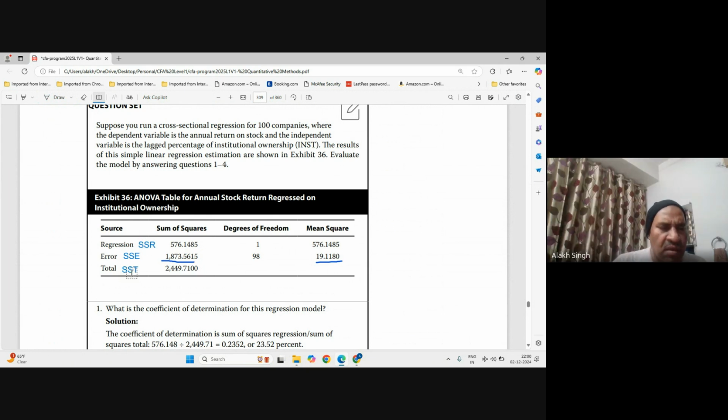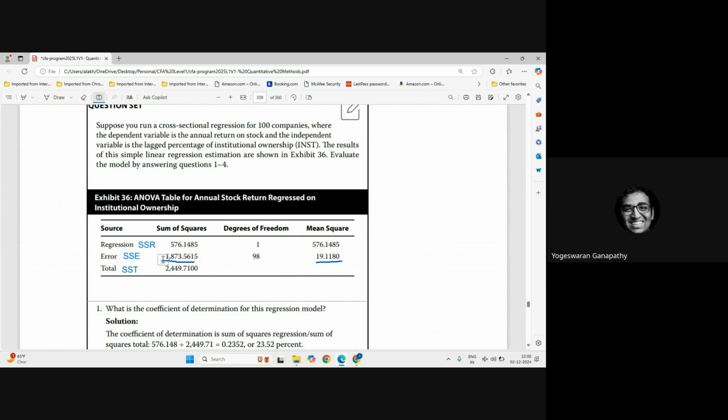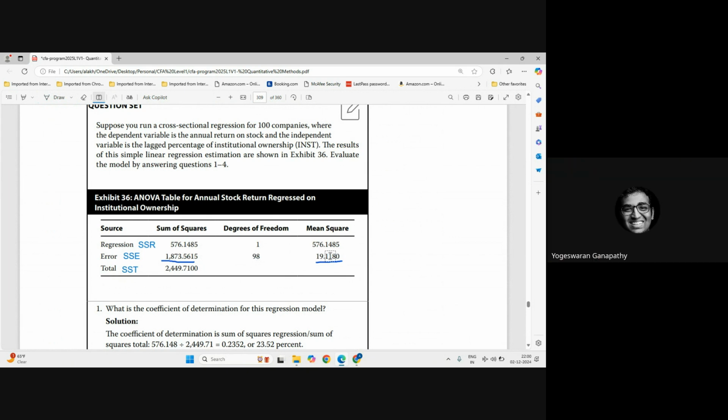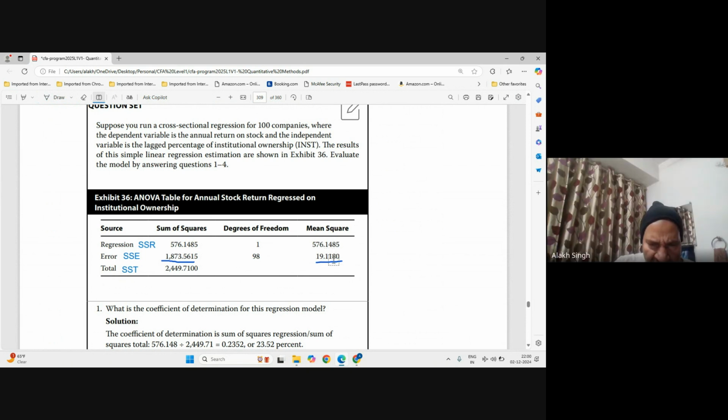Then 1 minus SSE by SST will also give you R square. And here it is the mean square; since there was only one beta, the degrees of freedom was 1. So mean SSR is this, and this divided by 98 is your mean square error. So 19 is equal to 1873 divided by 98, because mean is divided by degrees of freedom.